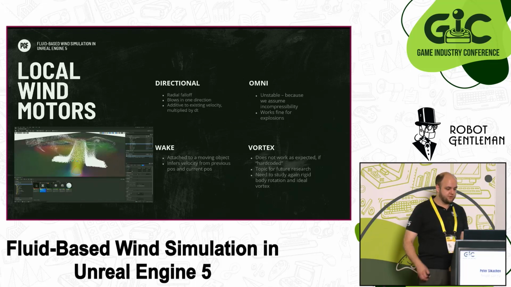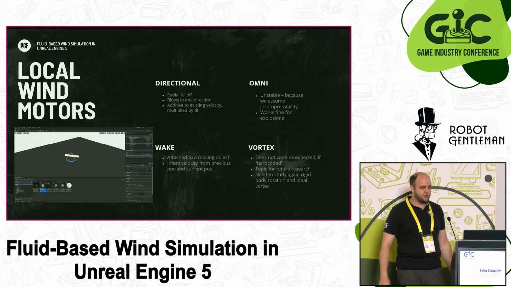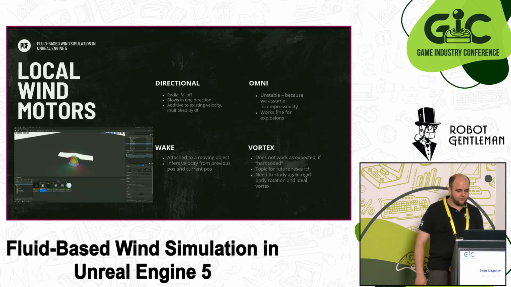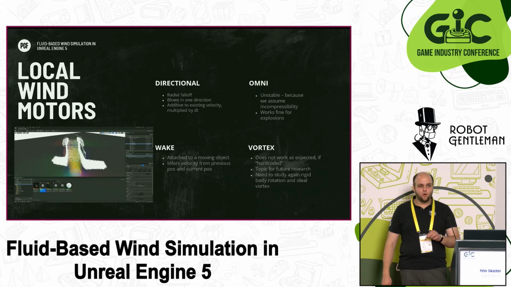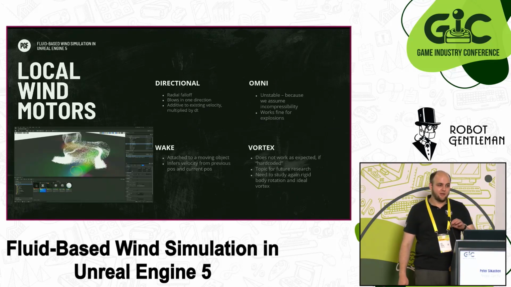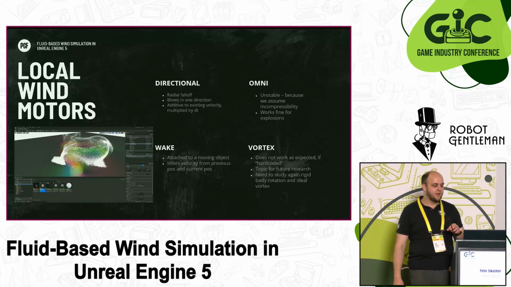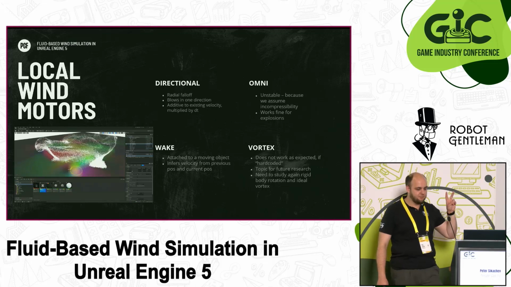The wake motor is attached to an object, and you can create a wind from there. And then vortices didn't really work that well, because basically we're trying to hack the simulation and hard code it in. So we probably need to find a way to do it in a PBR way.